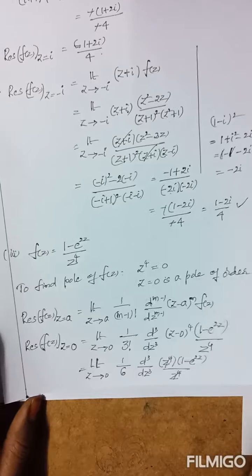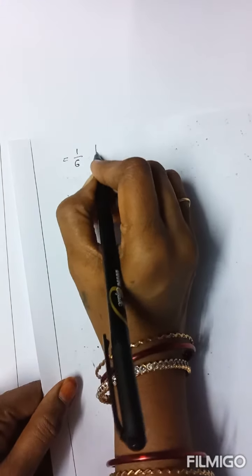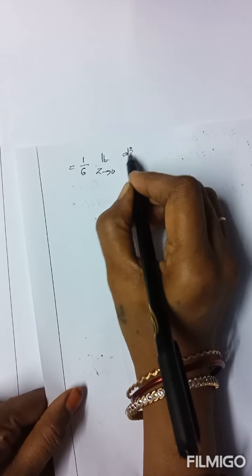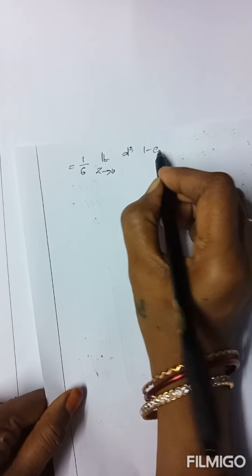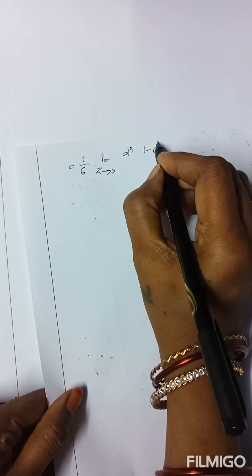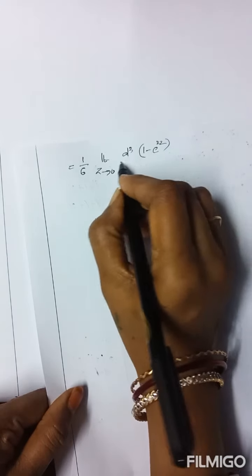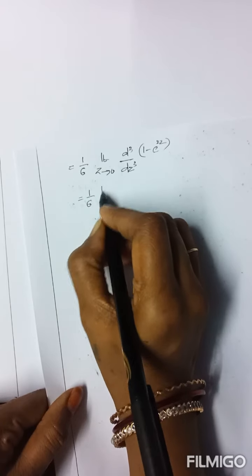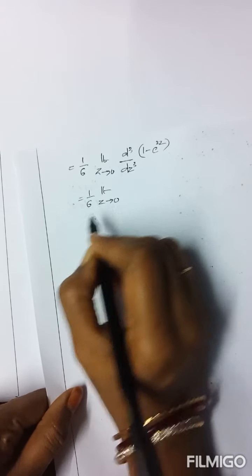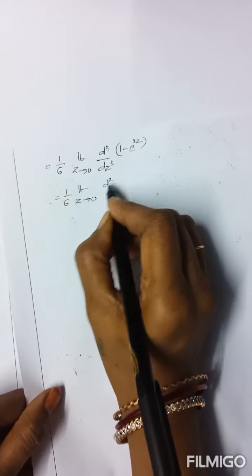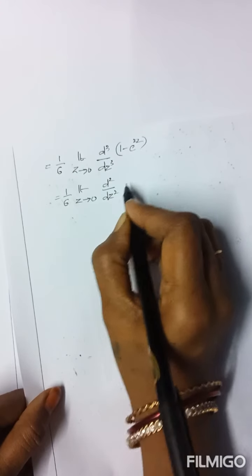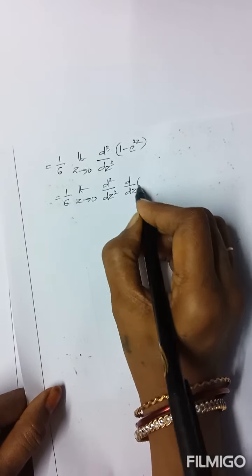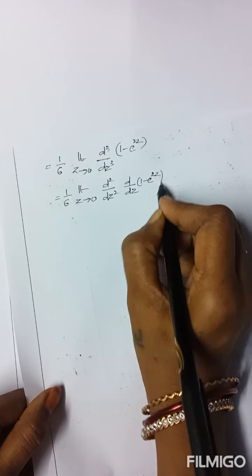Here 1 by 6 is a constant, so write 1 by 6 outside. Limit of z tends to 0, 3 times the derivative of 1 minus e power 2z with respect to z. That equals 1 by 6 limit of z tends to 0. Here this is written as d square by dz square of d by dz of 1 minus e power 2z.